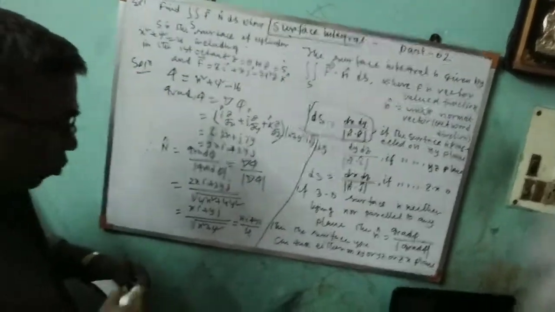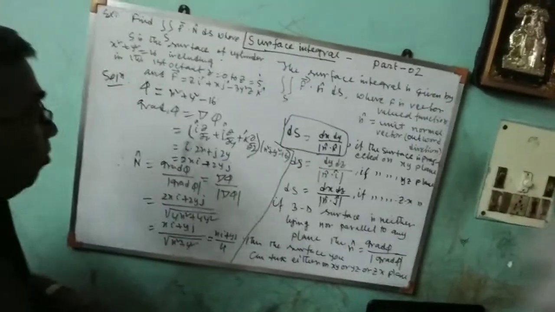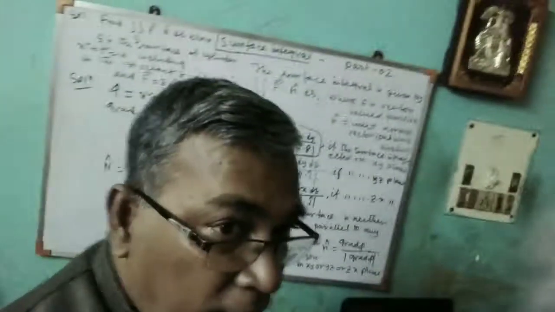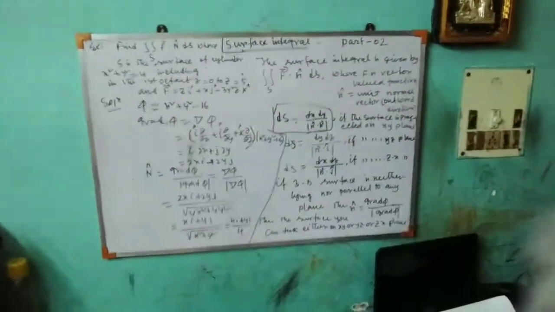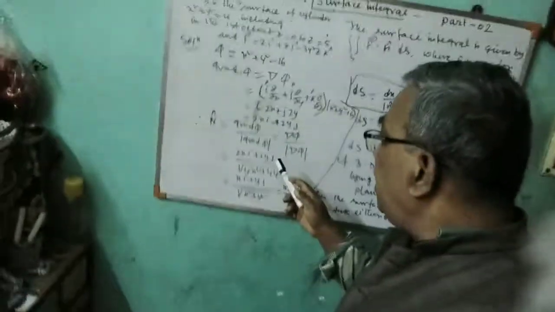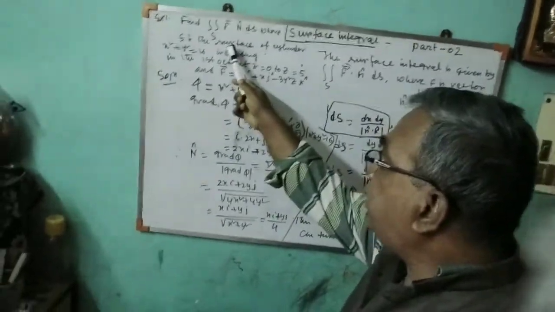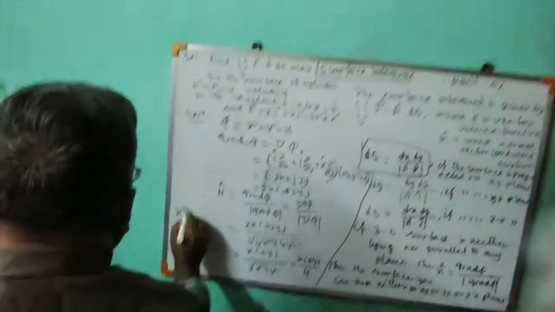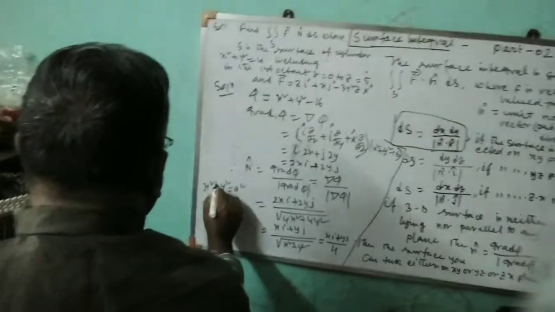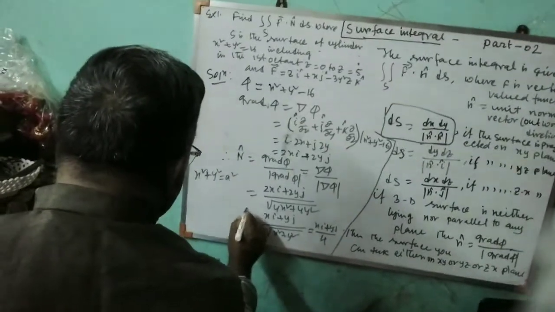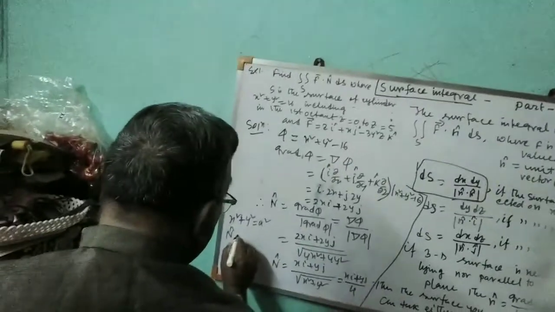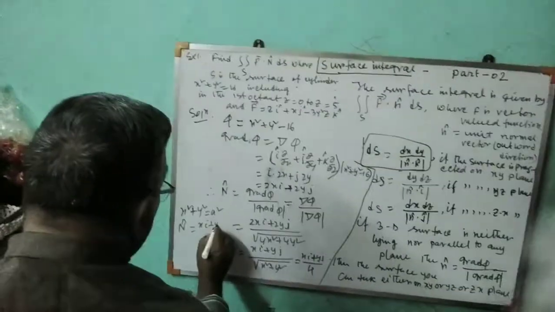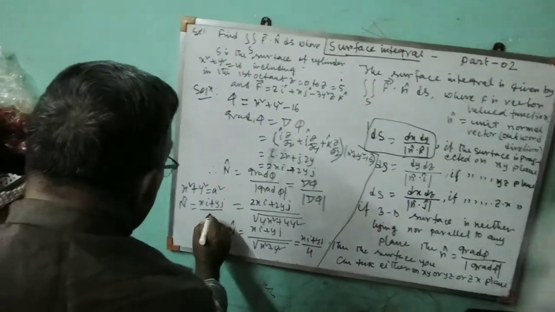So now, this is a very important part I am saying. Listen. When the surface lies on the cylinder, that is x square plus y square equal to a square, this type of sum always has n cap equal to xi plus yj by a.